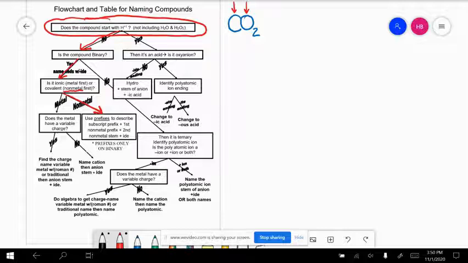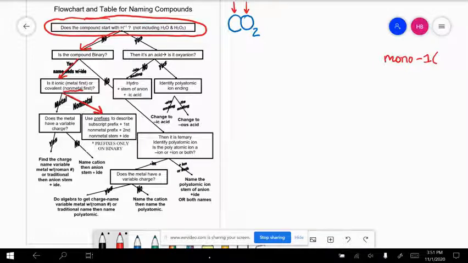You'll look in your list of polyatomic ions, and over to the side of the list of polyatomic ions is a chart of prefixes. And it's going to say mono for one.